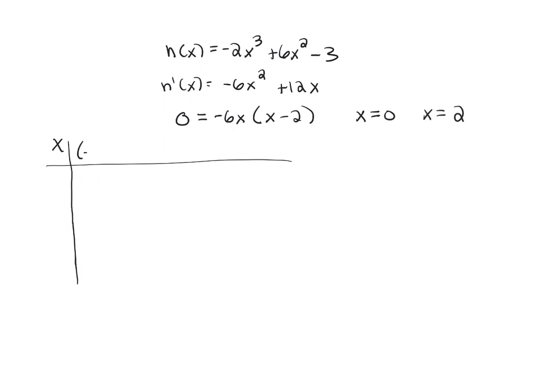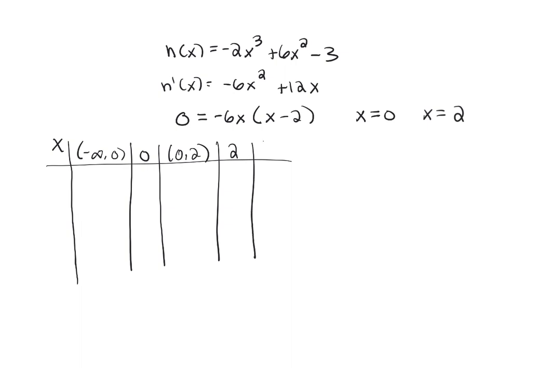Okay, so intervals will be negative infinity to 0, 0 to 2, and 2 to infinity. So let's look at the signs of the derivative. At the critical points, it will be 0. Okay, so for a very small number plugged into the derivative, when you square, it's positive, then negative, so that would be negative.